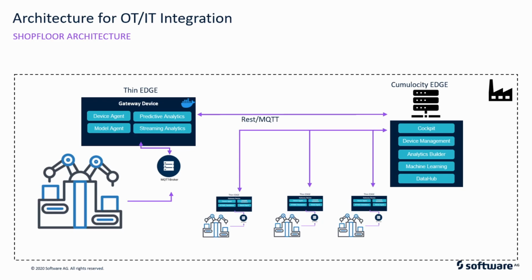The communication between thin edge and machine is based on MQTT, because this is the common industry standard protocol. To communicate with the platform, you can either use MQTT or HTTP REST. This logic is also containerized as a service that we are calling agent. We have one agent that is doing the device registration to the platform and another agent that is doing the analytics model administration.